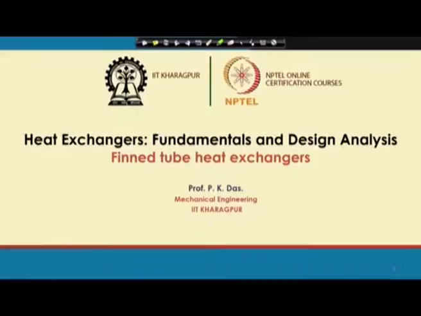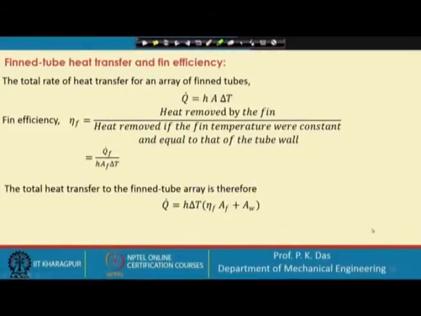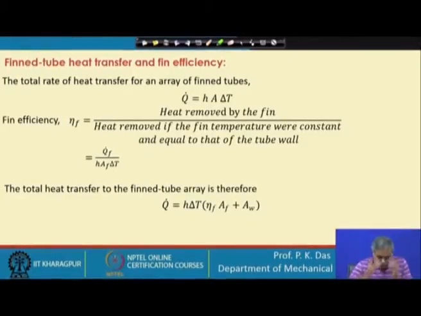We will continue with the results of the previous lecture. So, you see the fin tube heat transfer and fin efficiency we have to now consider.